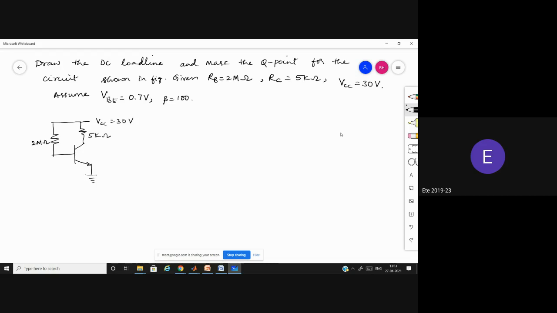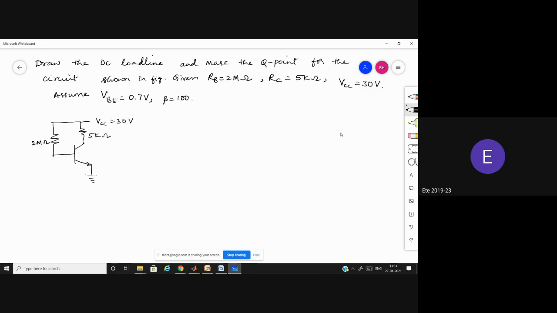Okay, can anyone tell me which biasing technique is this? Yes, it's fixed biasing technique and it is in common emitter configuration. So we need to plot the DC load line and mark the Q point. As we have already discussed while deriving the equations, to find the Q point, we need to do our basic analysis.